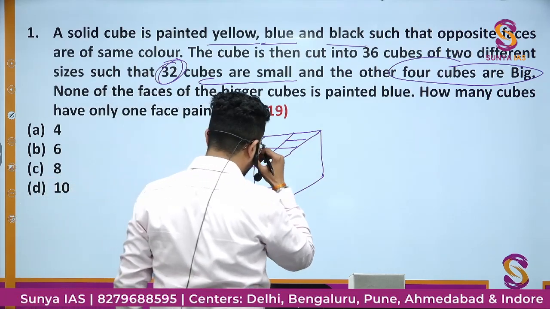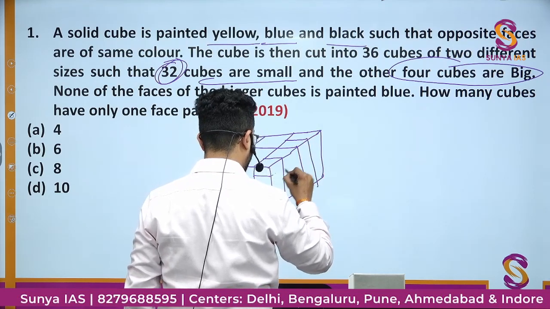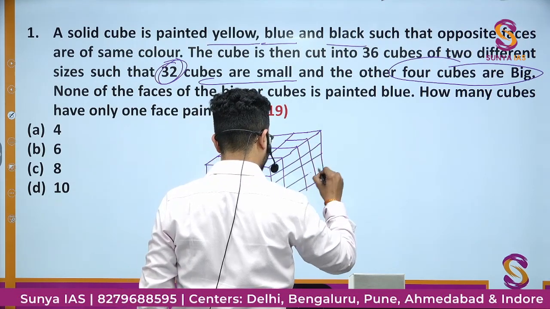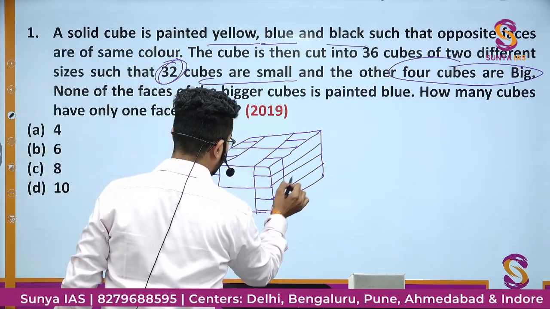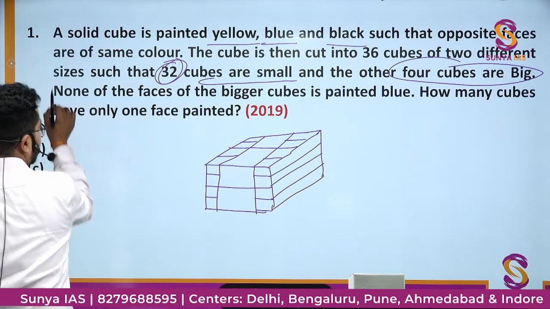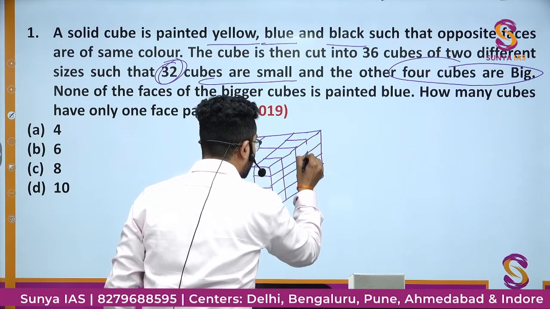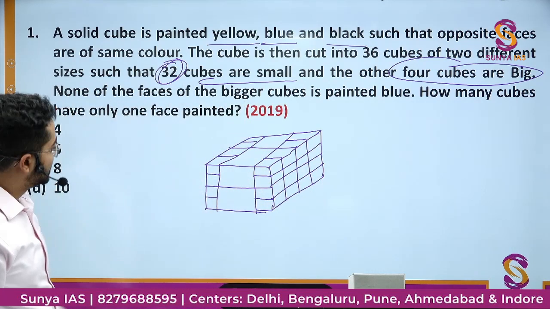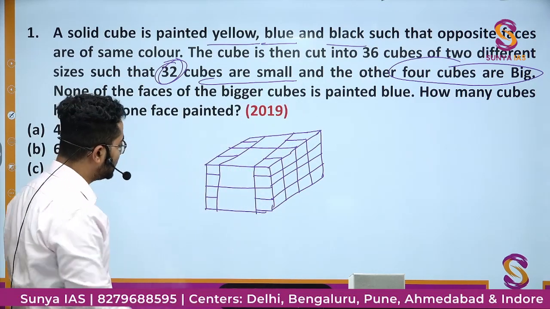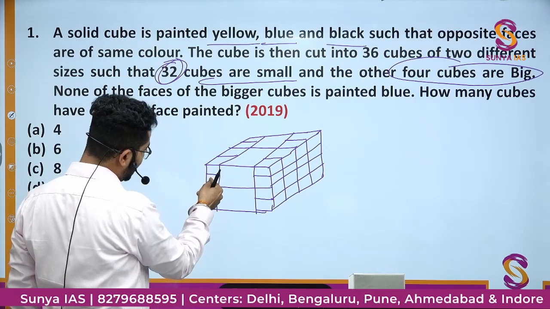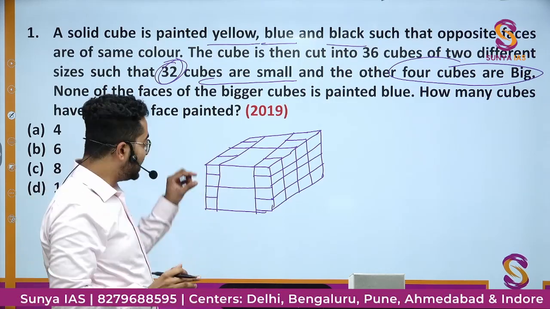So here if we make the line, and here it would be like this, something like that. These lines I think need to be somewhat straight. So if this is the line, this will be somewhat the cubes like that. Now you can see how many cubes are there. There are 1, 2, 3, 4, 5, 6, 7, 8, and one cube is getting divided into another also.